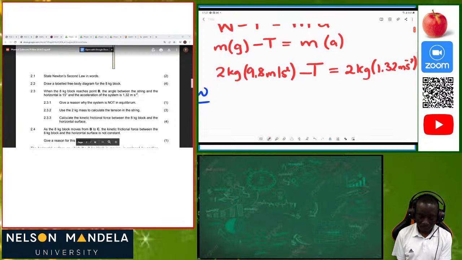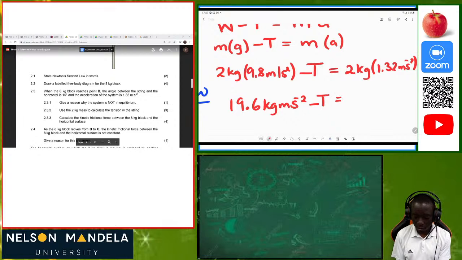So if we multiply 2 by 9.8, that gives us 19.6 kg meter per second squared. Then minus T equals 2 times 1.32, which is 2.64 kg meter per second squared.